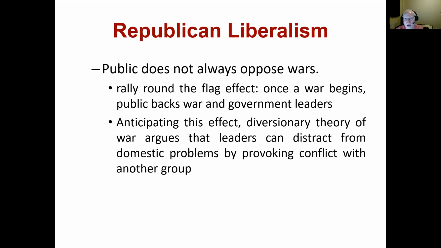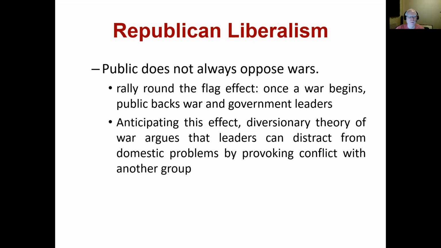If they can't solve the domestic problems, what they could try doing is provoking a war, knowing that once a war begins, even if it's a war people traditionally oppose, public support for the government increases. That may make it less likely that the coup will occur or that they lose the upcoming election, because you don't want to be undermining the government during a war. It gives them time to potentially solve those domestic problems, or at least deal with them in the future, so as to stay in power.